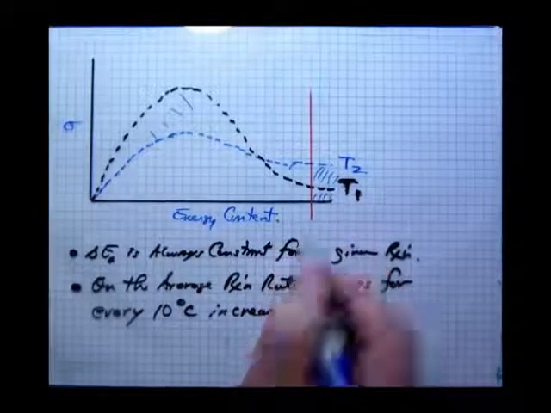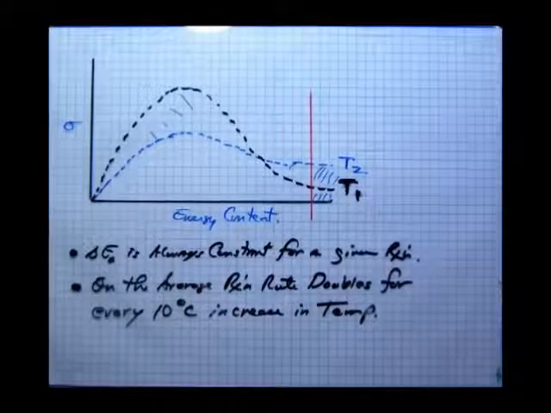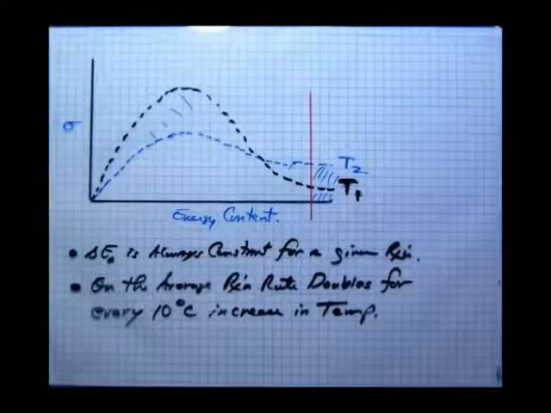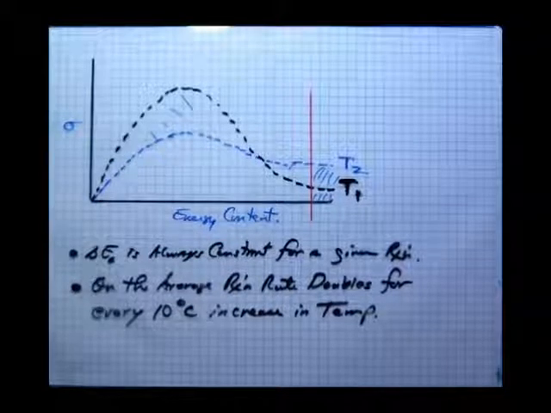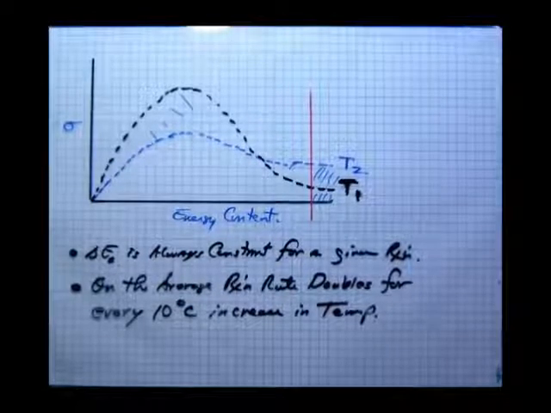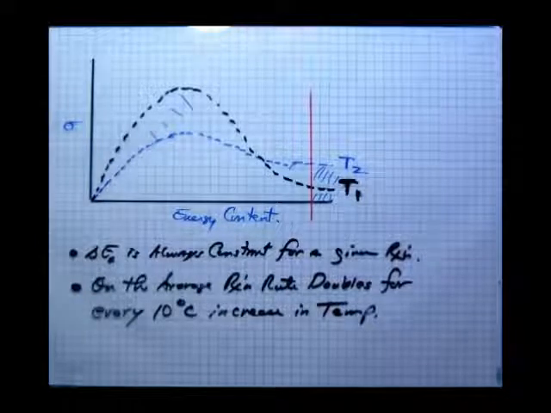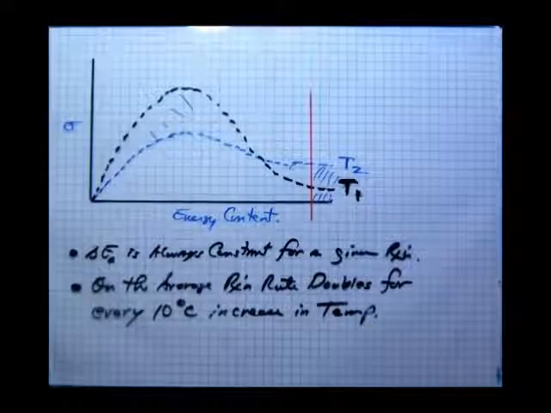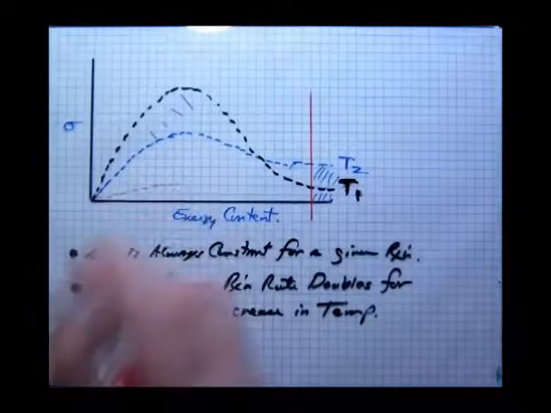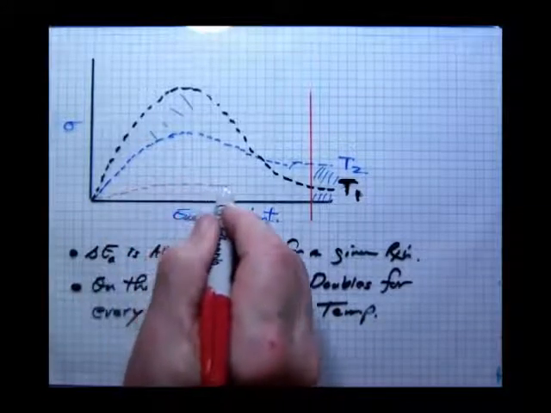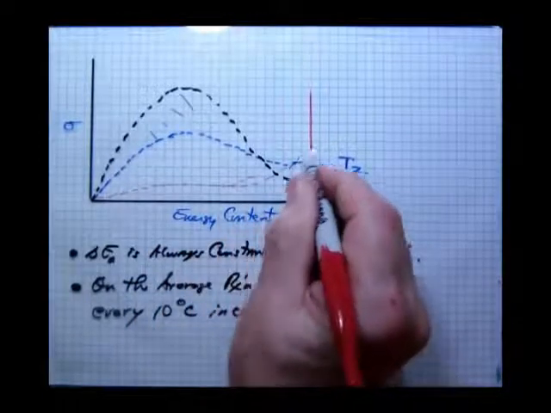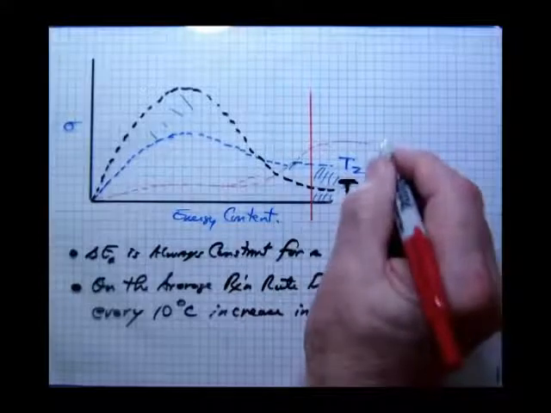So you have twice as many particles able to react, or having the conditions necessary to react. And if I continue that, I keep heating, and this curve would eventually start doing this, like that, T3.